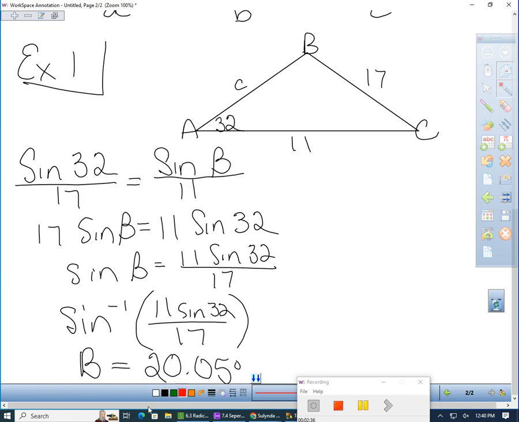All right, so we know in our triangle that this angle is 20.05. We don't have side c or angle C yet. What can I do to find angle C? No, you cannot.